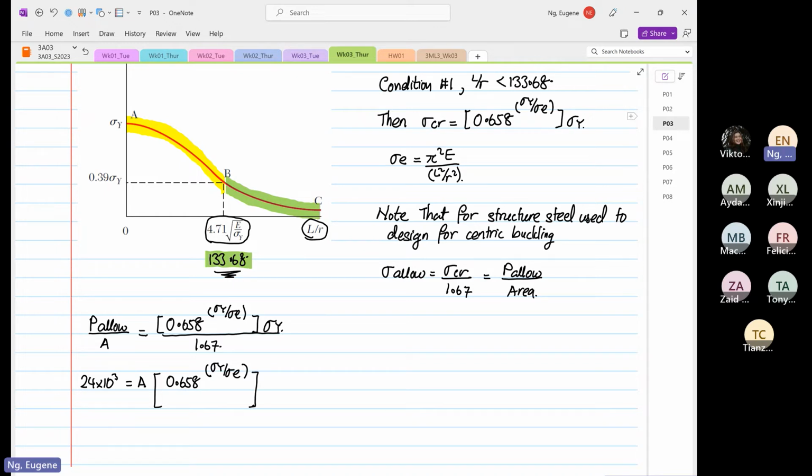I should not have drawn a big bracket, it should be a small bracket. Then for stress U, what we have is 36 times 10 to the power 3, and the whole thing divided by 1.67.